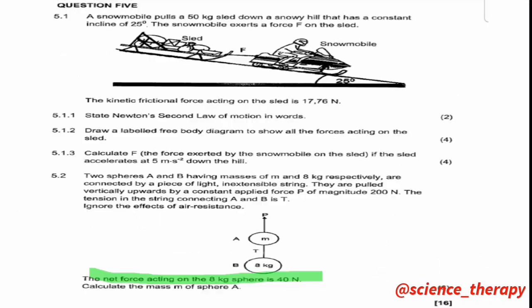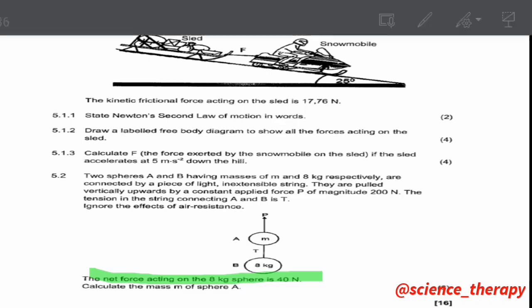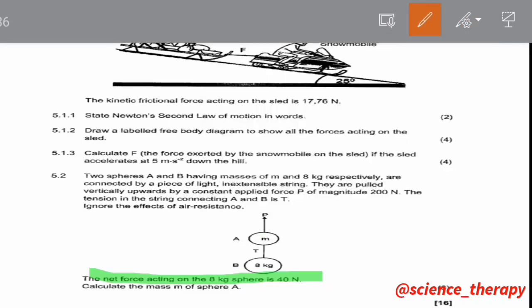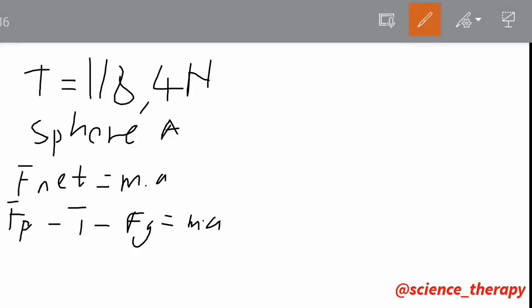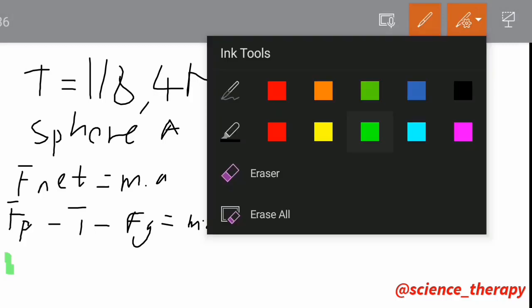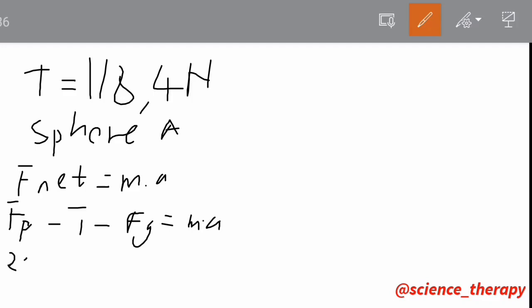But we are given there the force of P. They said they are pulled vertically upwards by a constant applied force of magnitude 200 newton. So let's have that one highlighted, 200 newton. So the force of P is 200 newtons. So we have 200 minus the Fg, which is the mass.